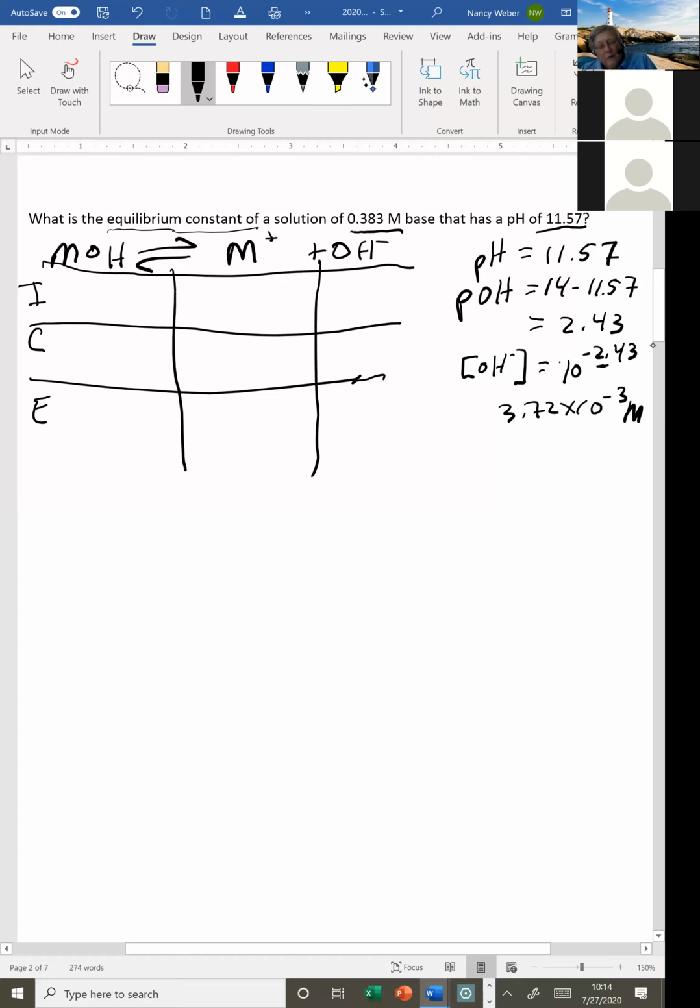So it's going to be around a -2. The 0.43 gives me this number, but when I say this should be -2, it could be plus or minus 1 on either side. So the -3 is a reasonable value.